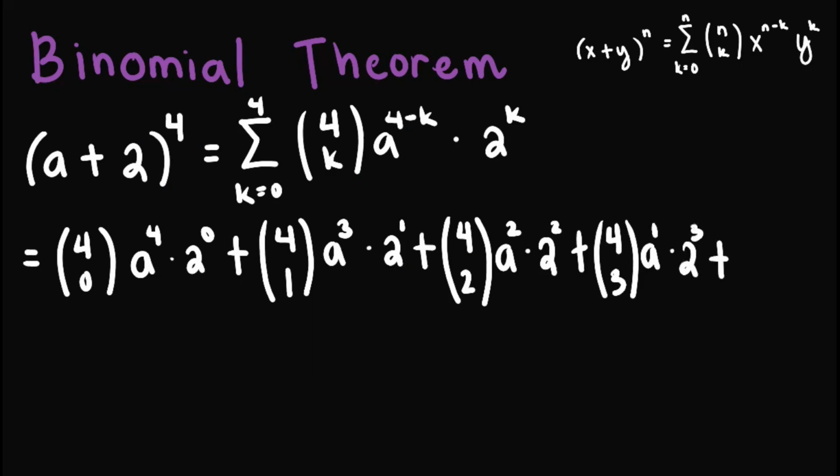And lastly, we have 4 choose 4 of a raised to 4 minus 4 is 0 times 2 raised to 4.